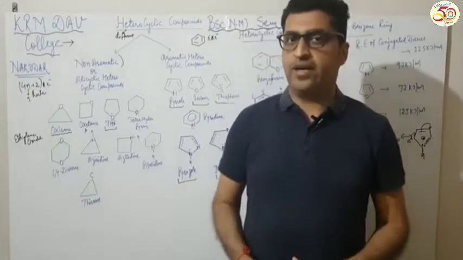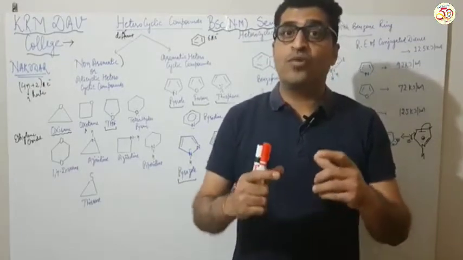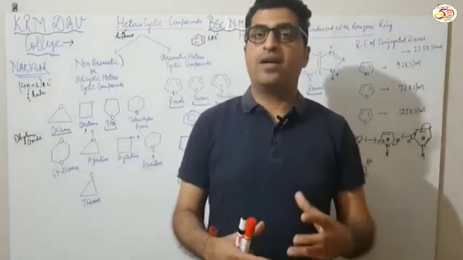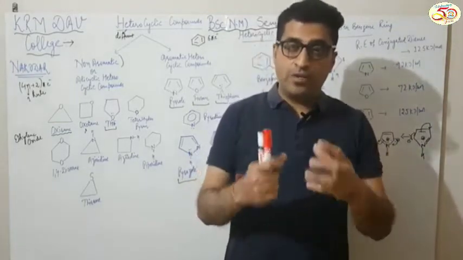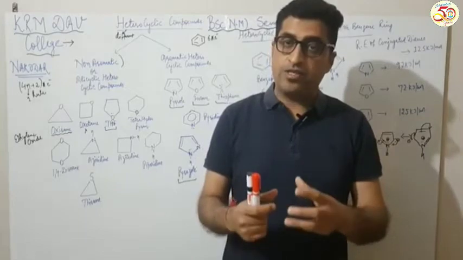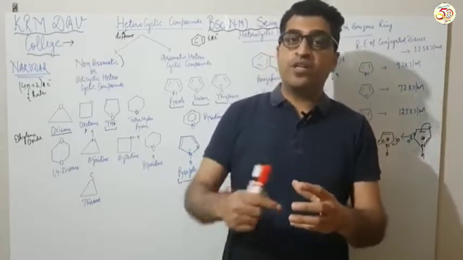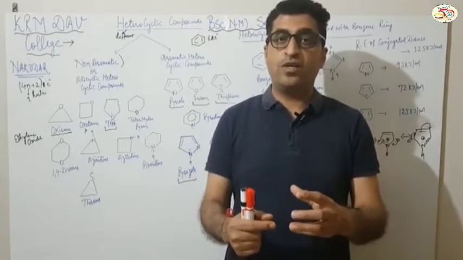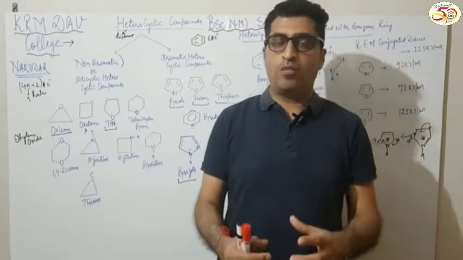The answer is very clear. Obviously, this is substitution, and benzene is an electron-rich molecule because of the pi cloud. So the pi cloud is available, electron-rich molecule. So which kind of reagent will attack benzene? Obviously, that reagent which has attraction for electrons. So I'm talking about electrophiles.